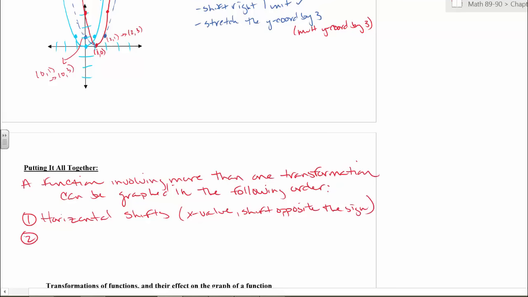All right, second, you're going to do any stretching or shrinking. So this is the multiplying. And so in this case, your y values are multiplied.